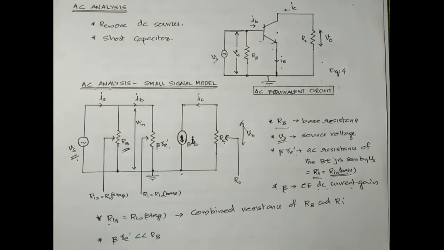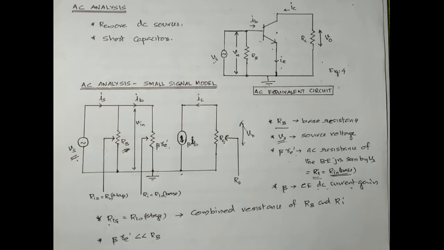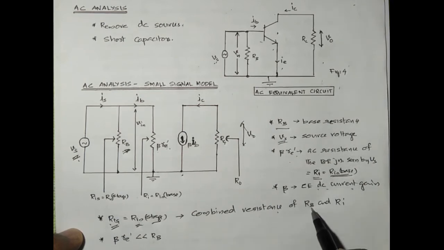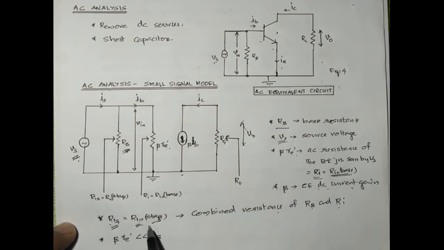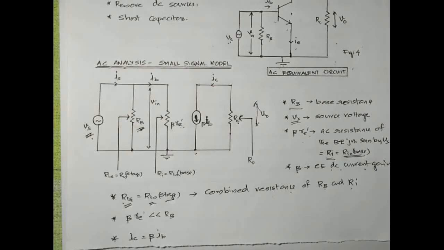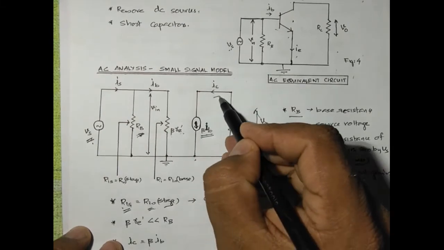So when you take into account the influence of Rb as well, there is another resistance RIS or R in stage, which is the combined resistance of Rb and Ri. This is otherwise called the input stage resistance. Finally, at the output side, we have beta IB, which is the collector current.